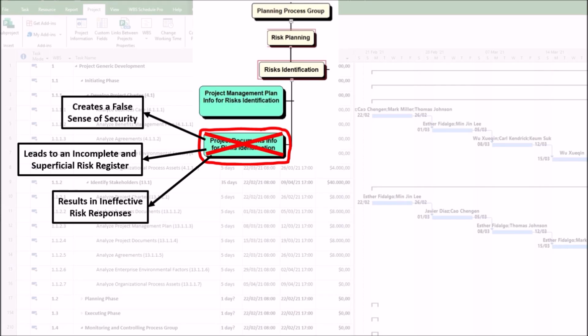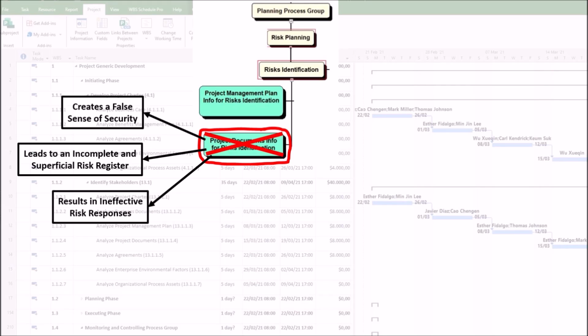3. It results in ineffective risk responses, or none at all. You can only plan responses for the risks you have identified. Poor analysis means that when unforeseen risks materialize, the team is forced into a reactive, firefighting mode, which is more costly and disruptive.